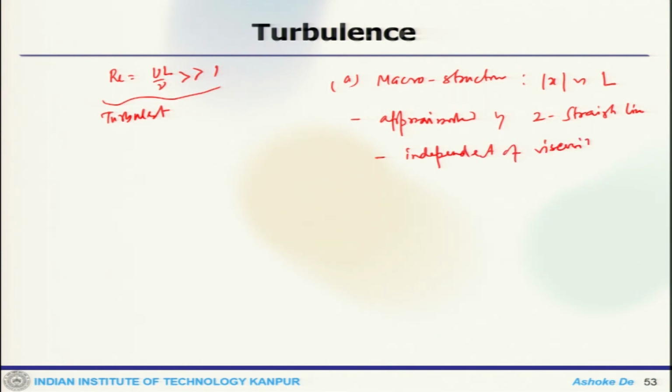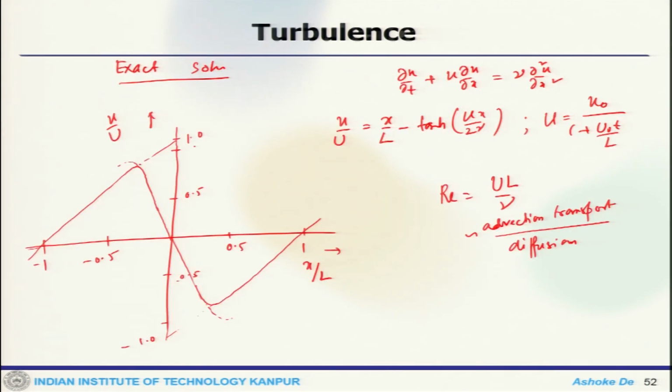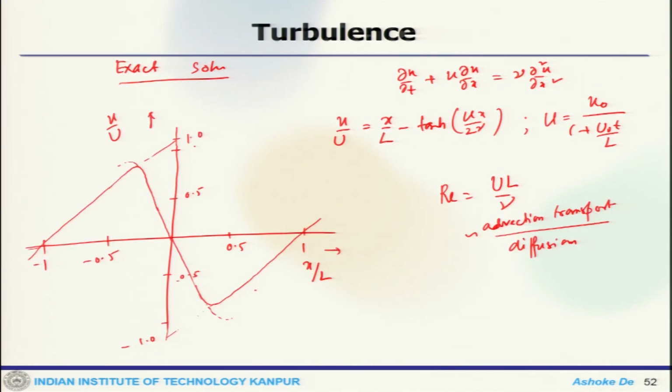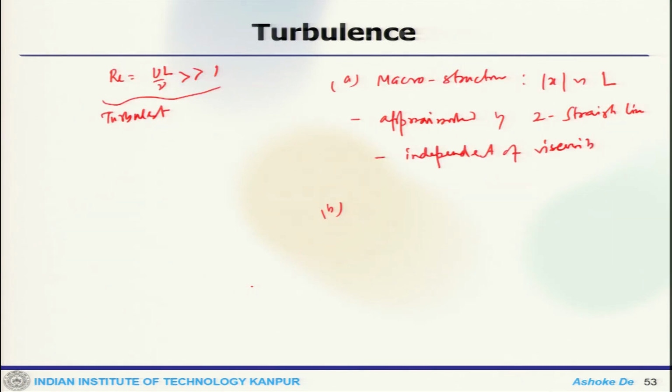So, we can actually approximate by two straight lines when it is a macro structure. So, one can mark this, or rather we can recreate the same plot here.